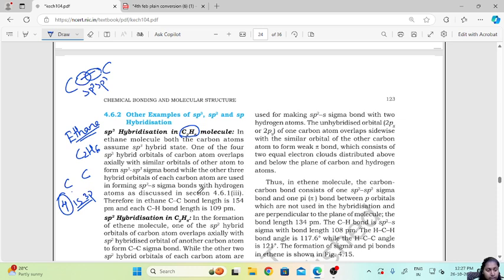And the remaining 3 are used in the formation of carbon-hydrogen bonds. So there are a total of 6 carbon-hydrogen bonds involved. So one orbital of both the carbons is involved in sp3 sigma bond formation between the carbons, and the other 3 hybrid orbitals are involved in the formation of CH bonds.